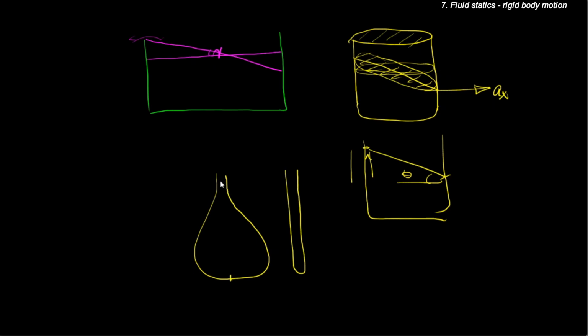If the level of water is the same in both beakers, the pressure at this point will be equal, because it does not depend on the volume, it's simply rho gh. So it does not depend whether the shape is cylindrical or any arbitrary cross section, the interface is governed by fluid statics and it will make the same angle.